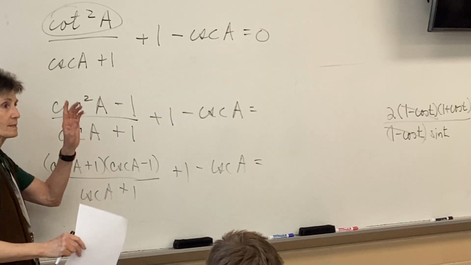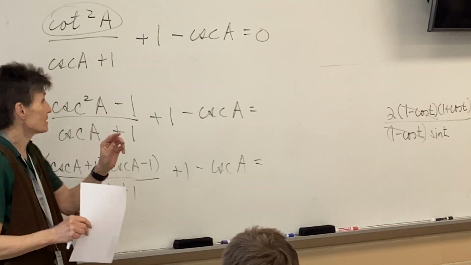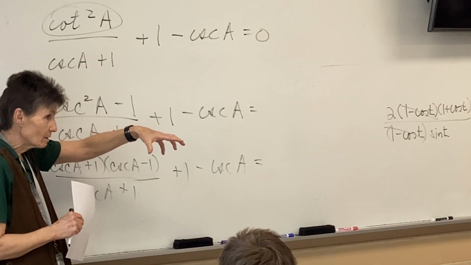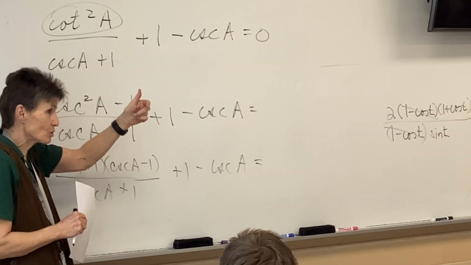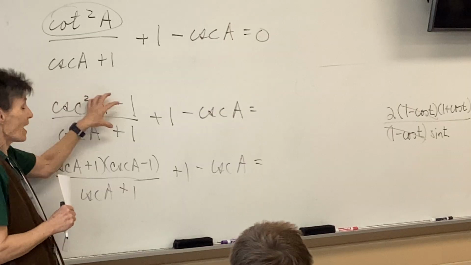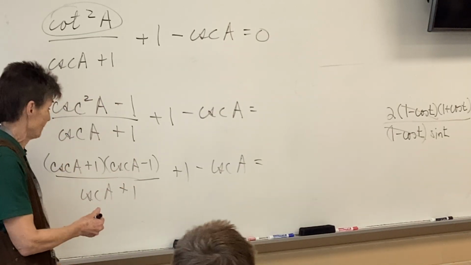Okay, so step 1, if you're paying attention, it was kind of obvious, we have a squared. So we looked on our sheet, what can I replace cotangent squared with? Well, replace it with cosecant squared minus 1. That is the difference of squares, so we factored it. What's gonna happen?